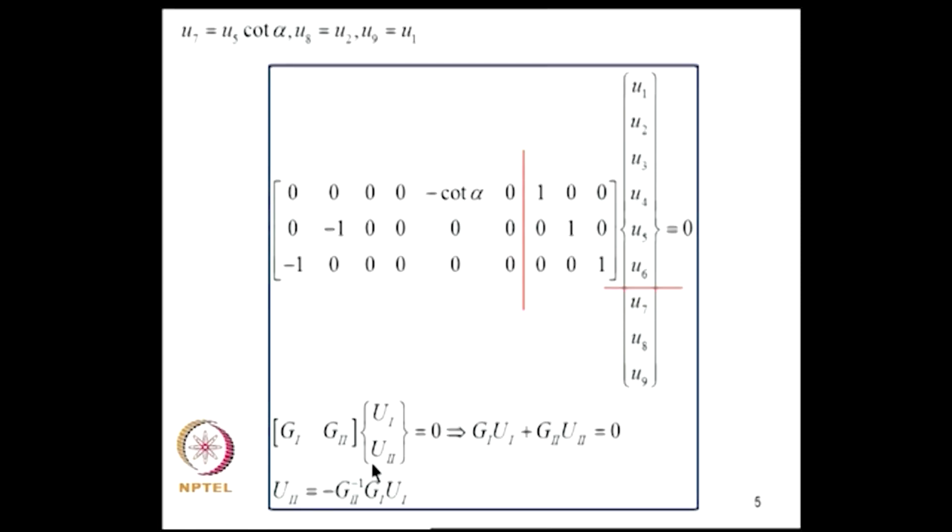So, we can now partition this displacement vector into U1 and U2, where U1 are these 1, 2, 3, 4, 5, 6, which I will retain as degrees of freedom, and I will eliminate 7, 8, 9 using these 3 equations in terms of U1 to U6 through this operation.